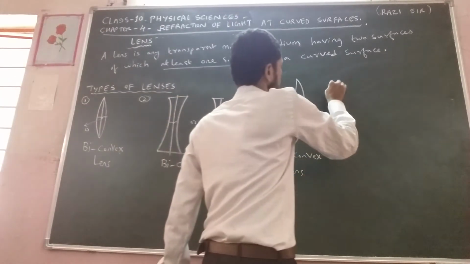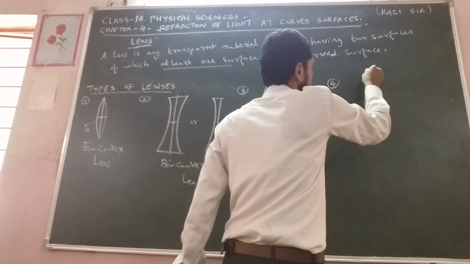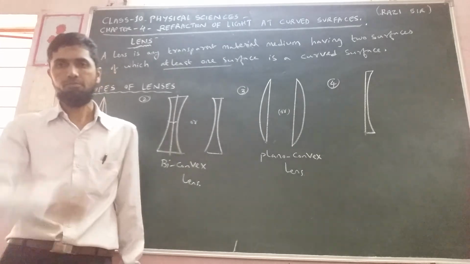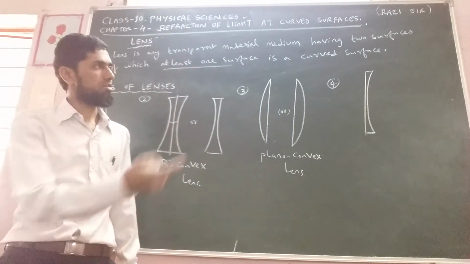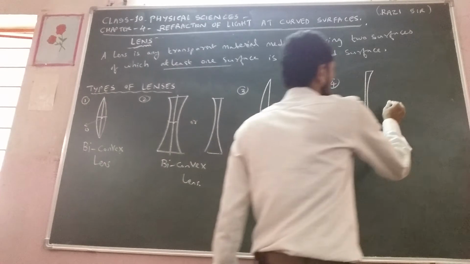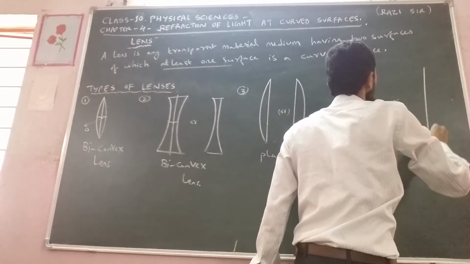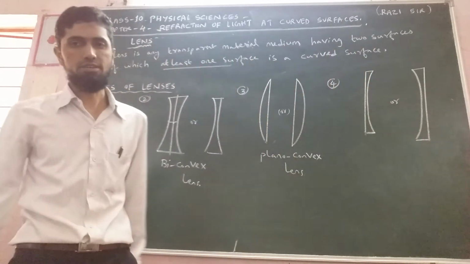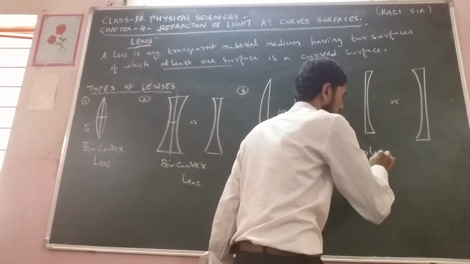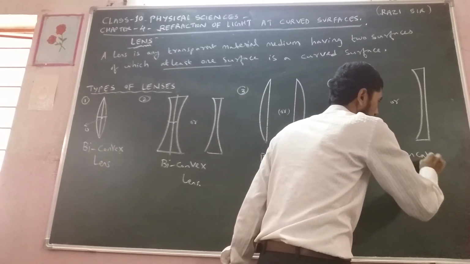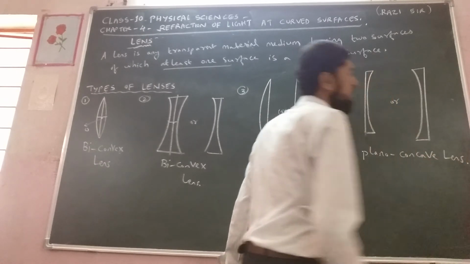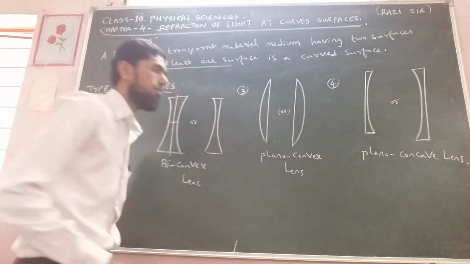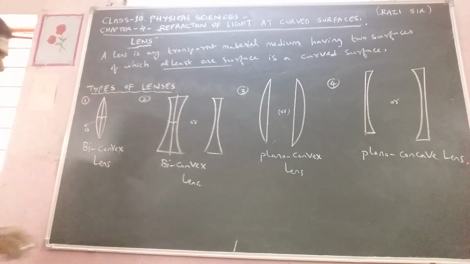Then the fourth one is a lens of this kind, where one surface is a plane and the other is a concave. What is this type of lens? This is a plano-concave lens.